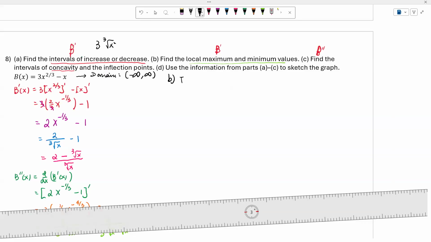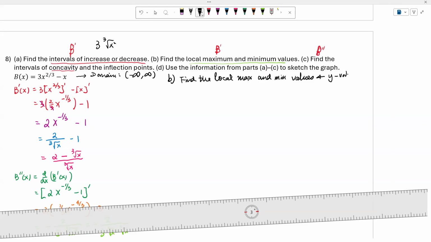For B, I would like to find the local max and minimum values. Now remember, when we are going to work with the values, meaning we are looking for the output, right? The y values.